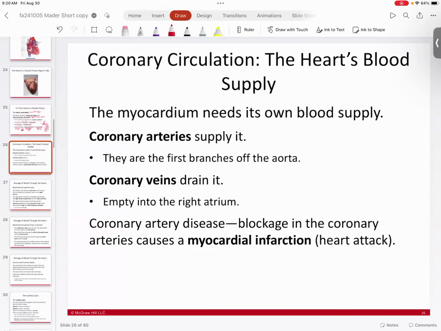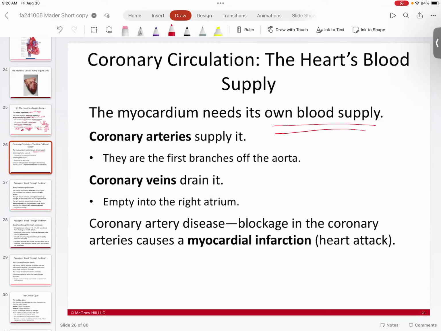Now, we know that there's myocardium, that is cardiac muscle, in the heart, and that's what it does. But it's a muscle, so it needs its own blood supply. It needs food and nutrients just like anybody else. And so what we have in the heart is what's called the coronary system.